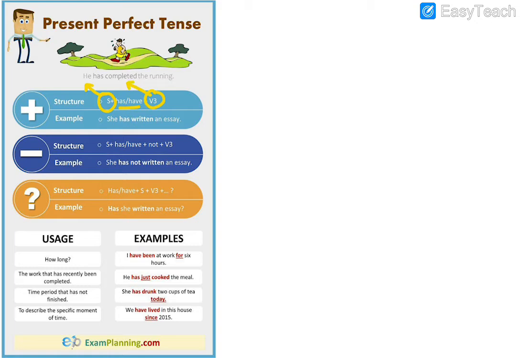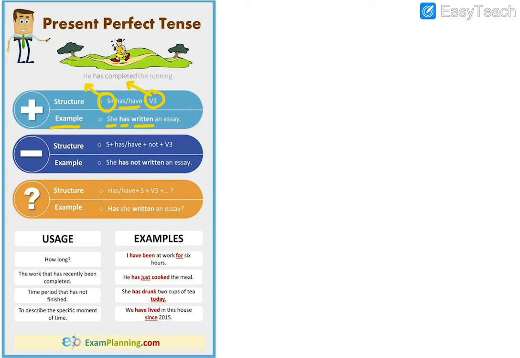What does it mean with 3? Verb in the form of third participle. Okay? So let's look at the example. She, the subject, has, showing it is present perfect, written an essay. Okay, so this is the basic structure: subject, has or have, written, verb in the third participle form, and essays.